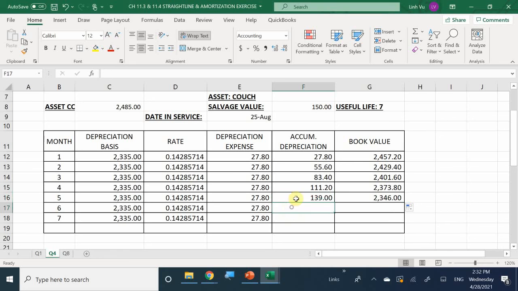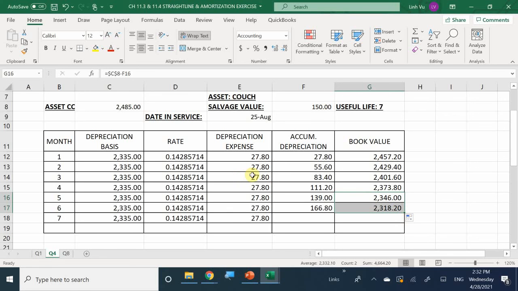My accumulated depreciation for the sixth month: 166.8. Book value: 23.822.